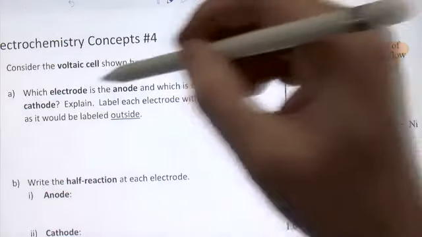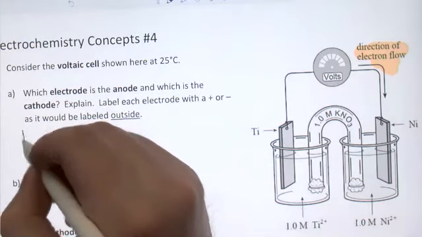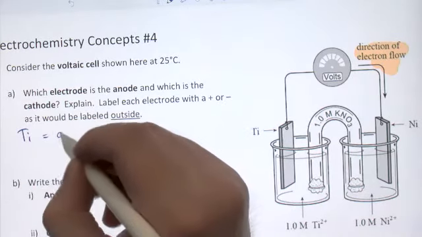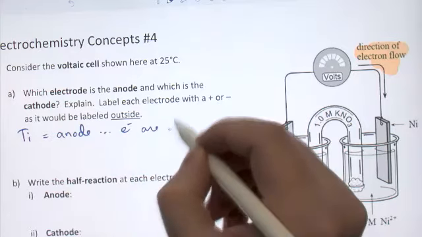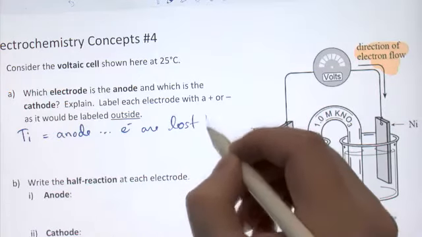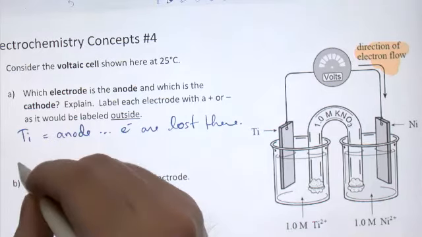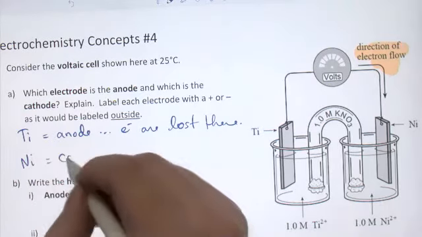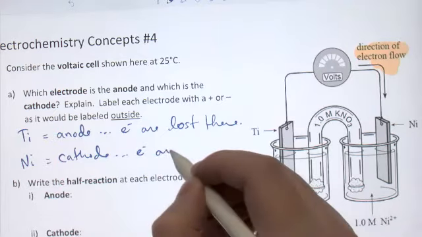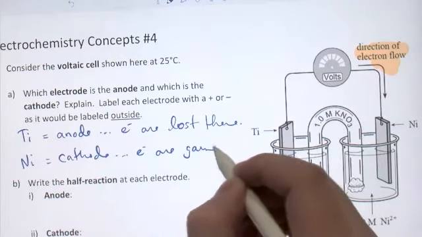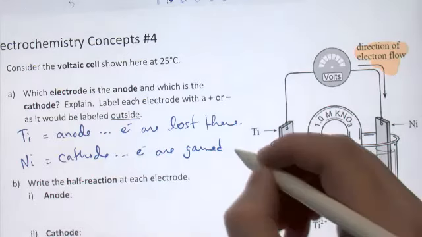So which electrode is the anode, which is the cathode? The titanium is the anode. Electrons are lost there. The nickel is the cathode. Electrons are gained. And I'm not just saying it as definitions. I can see the direction of the electron flow, right?